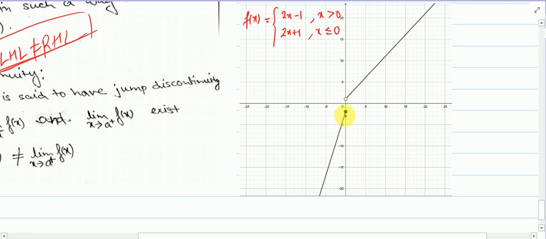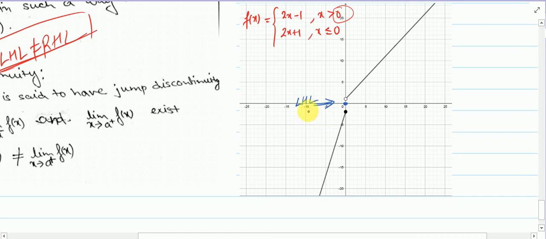Here at x equal to 0 there is discontinuity. If you try to approach 0, which is here, from the left hand side, that means I am looking for the left hand limit.